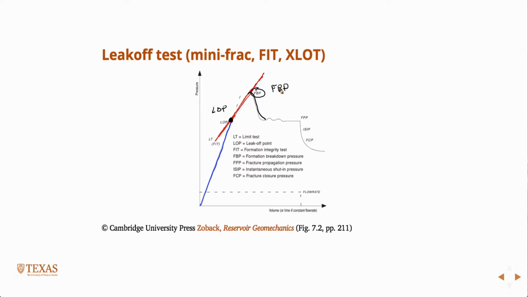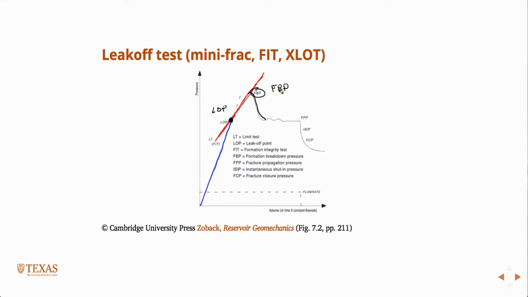And what's happening there is now you are propagating a stable hydraulic fracture faster than your pumps can run. Right? So your pumps can't fill that hydraulic fracture as fast as it can propagate, and that's why you see the pressure drop. Right? Because now you're increasing the volume faster than the pumps can fill it up.